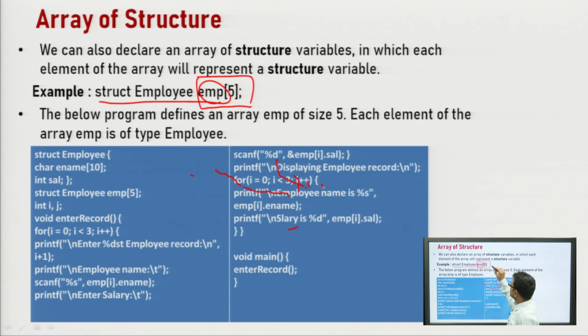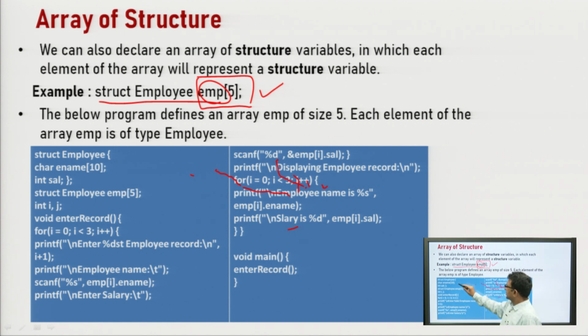By writing just a single line, we are declaring 5 structure variables of type struct employee. So the below program defines an array employee of size 5, where each element of the array is of type employee.